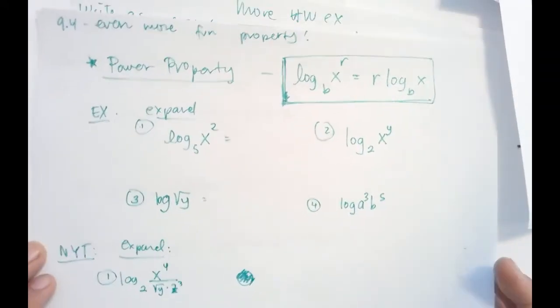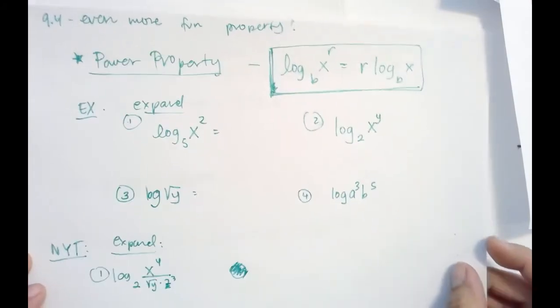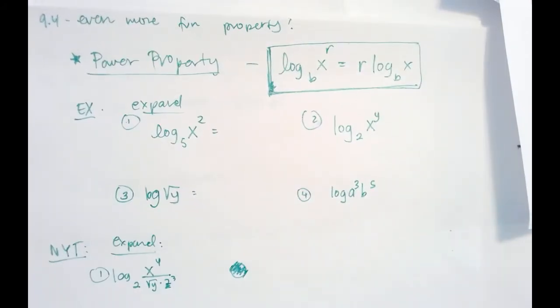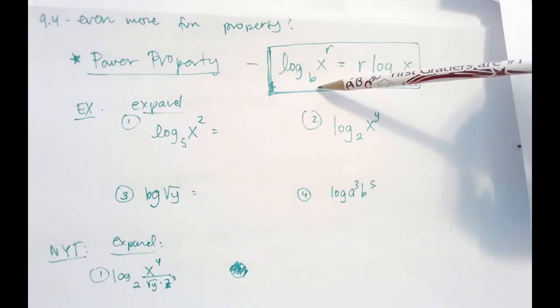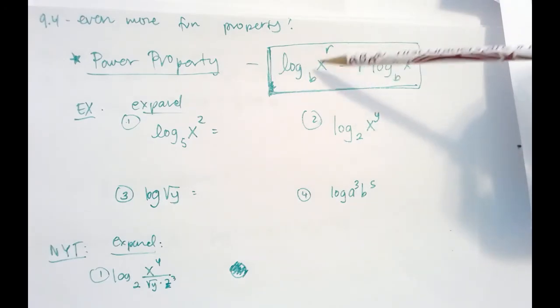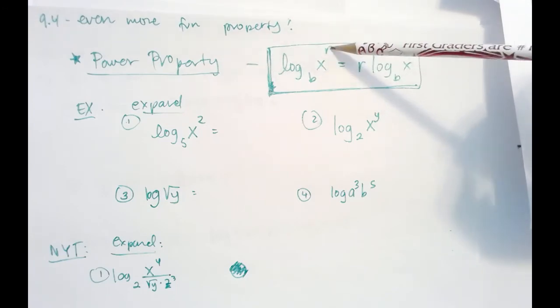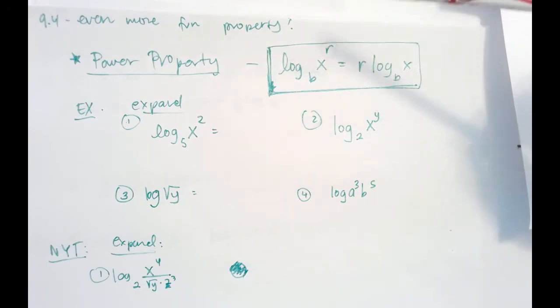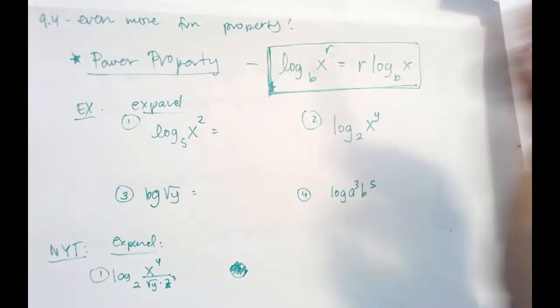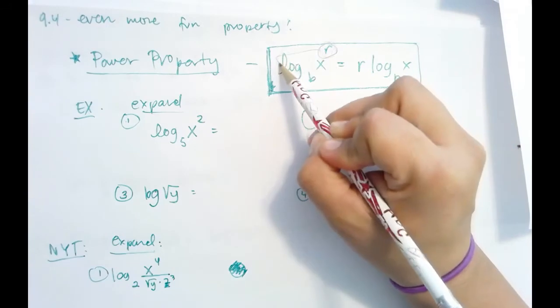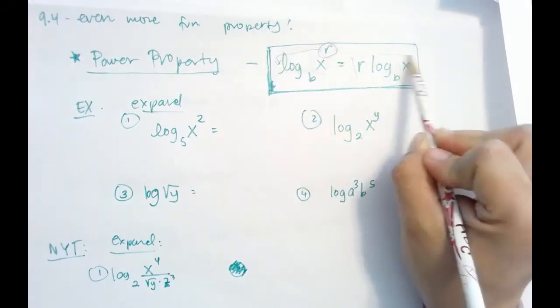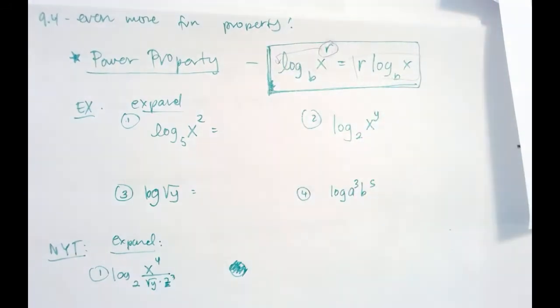to the last property, I believe, that we're going to cover today, which is the power property. Definitely a favorite. So any log that you have here of any base b, of some letter, variable, number, whatever, if they have a power of, let's say, of r, you can rewrite this logarithm by simply taking this power and moving it to the front, and it can be rewritten as r log base b of x, okay?